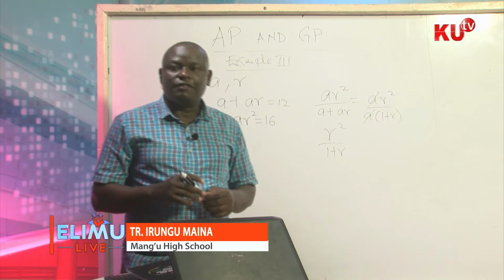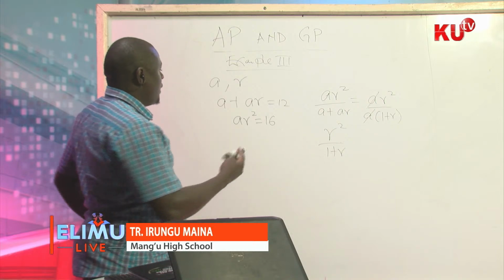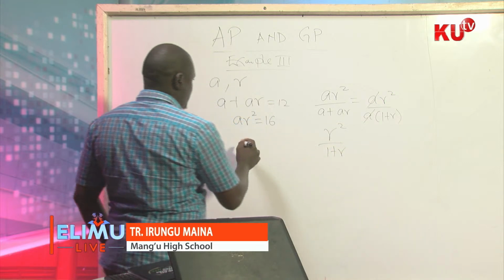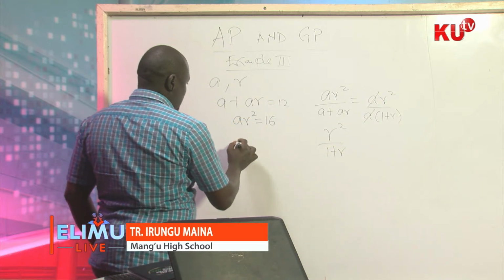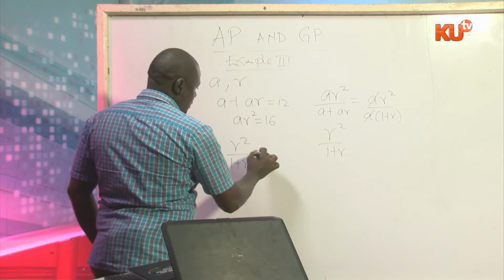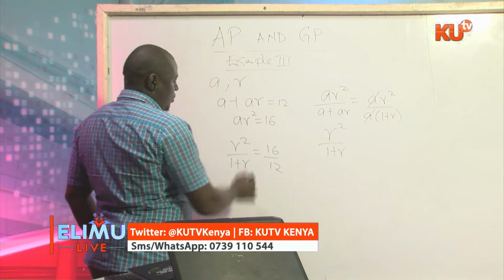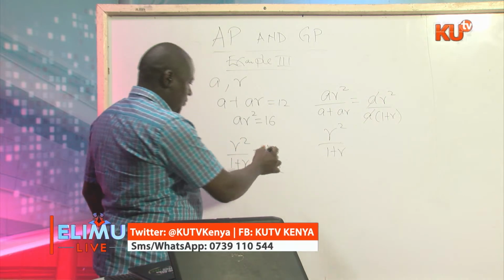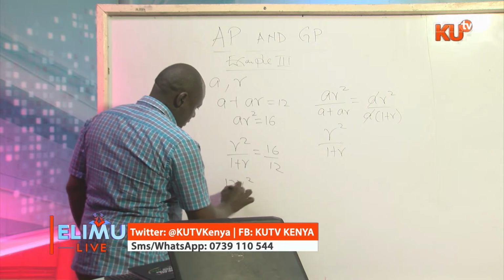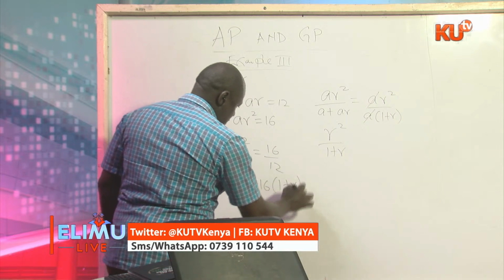We come back here and say that r squared over 1 plus r equals 16 over 12. We cross multiply, so we have 12 r squared equals 16 into 1 plus r.